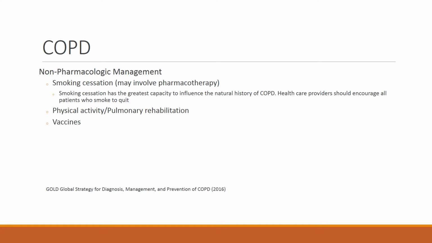We have another lecture I'll be reviewing next for smoking cessation specifically, but that has to be the number one thing that patients do to help their cause. If they continue to smoke, they're going to get bacterial or viral infections. They're going to have exacerbations, and they're going to move faster down that path to needing oxygen and ultimately death from their respiratory problems.